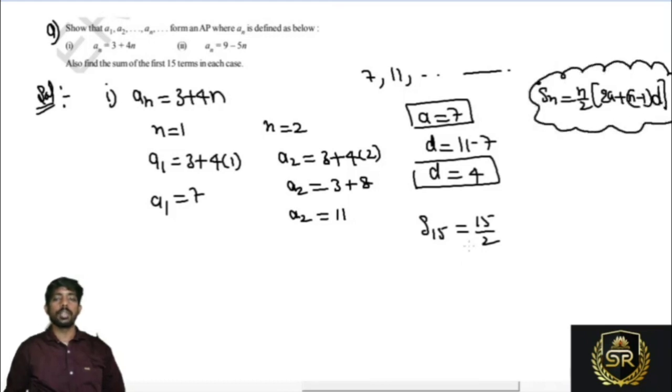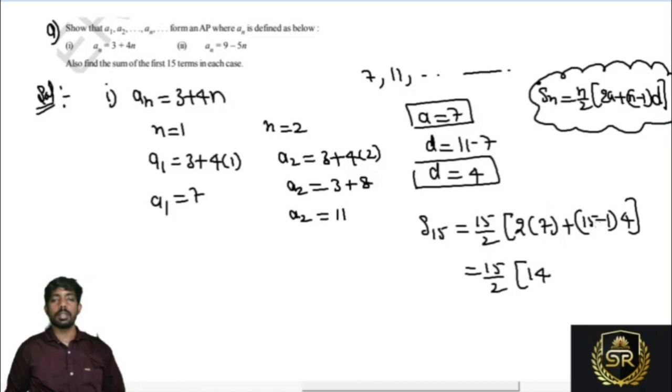So 15 by 2 into 2a, where a is 7, plus n minus 1, where n is 15, so 15 minus 1, into d, where d is 4. So 15 by 2 into 2 sevens are 14, plus 14 into 4.